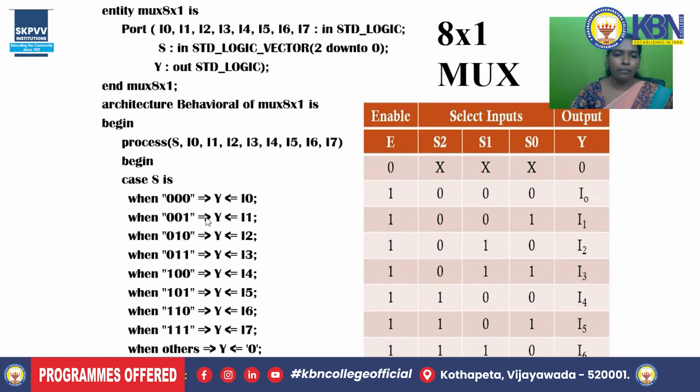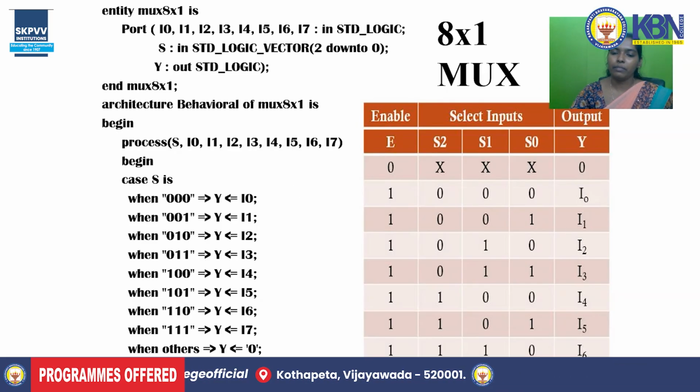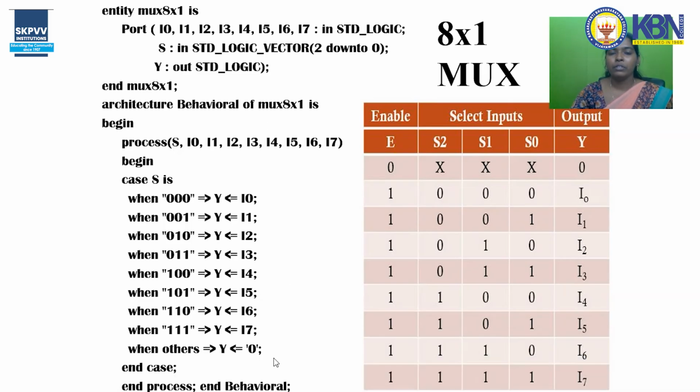Similarly 0 0 1 will give I1, and if we give 1 1 1, the output will be I7. If we give other numbers from this table, we get 0 as usual. So we end the case, end the process and end the behavior. We should be very careful with the semicolons. A line will end only with a semicolon, otherwise it will show an error.